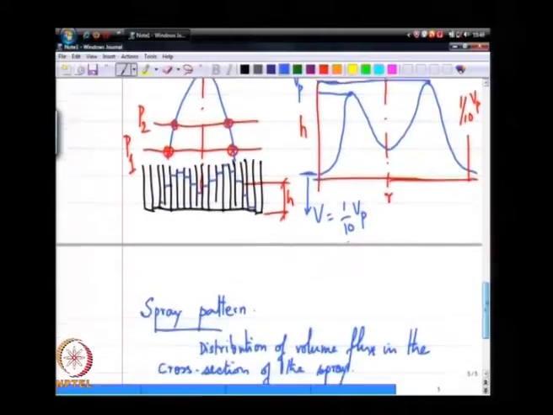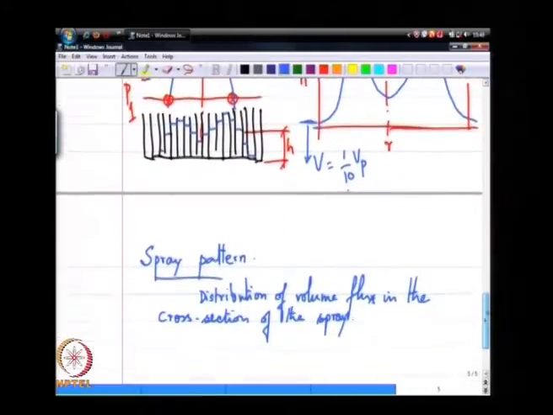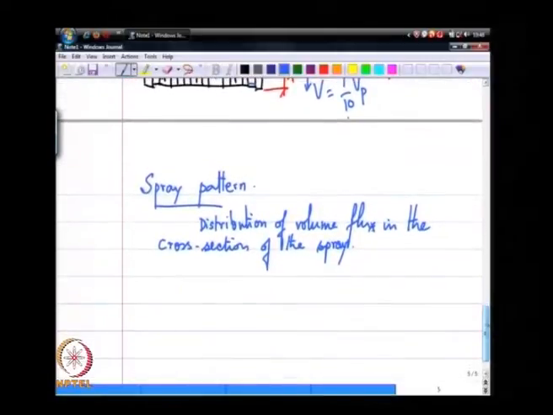Now, depending on the internal flow in the nozzle, I could get different spray patterns.